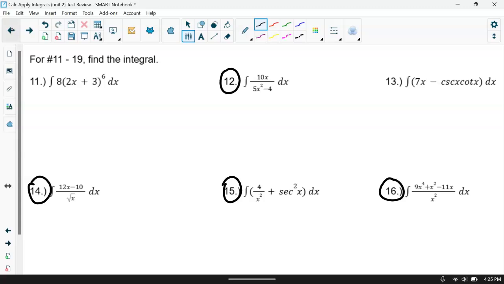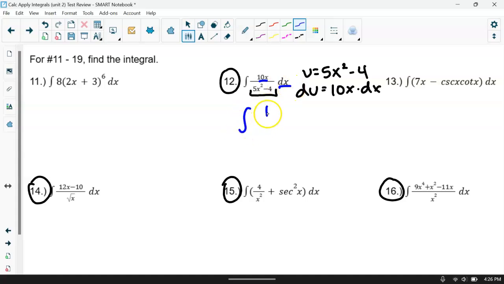This is U substitution, because notice we're dividing by an expression. Remember the expression, that is our u, 5x squared minus 4. Then get the derivative. So the derivative here, du, is 10x times dx. So now notice we have 10x dx. So that means we'll go ahead and put 1 in its place over, now we use u.